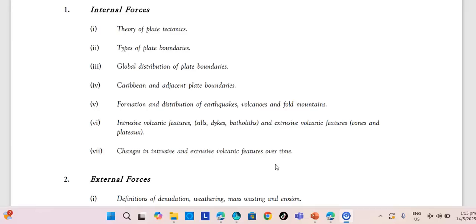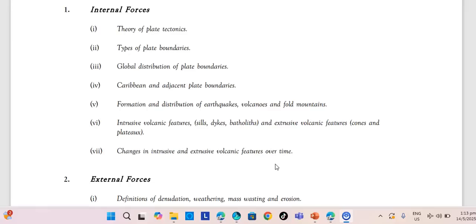Now, let us look at what happens to the features of extrusive volcanoes over time. I will say that intrusive happens inside the earth. Extrusive features are what is happening on the surface.